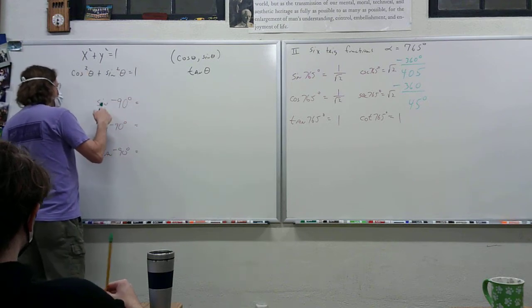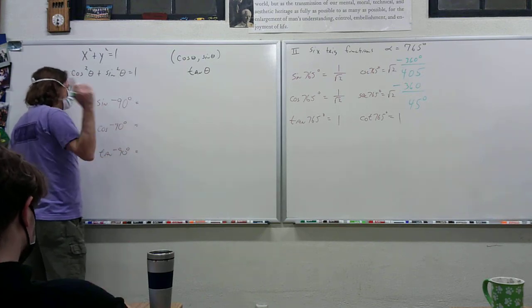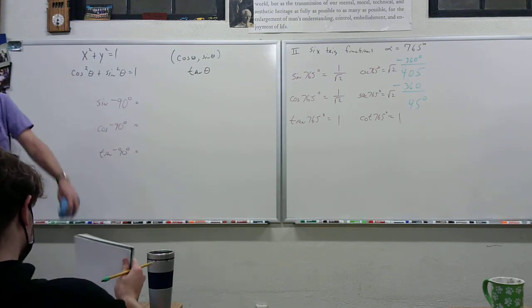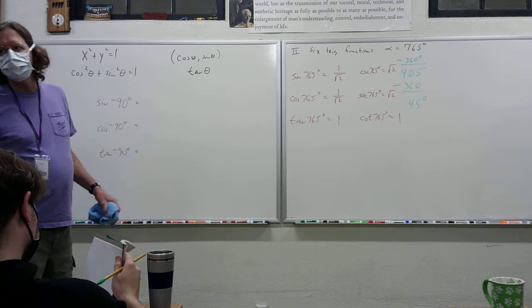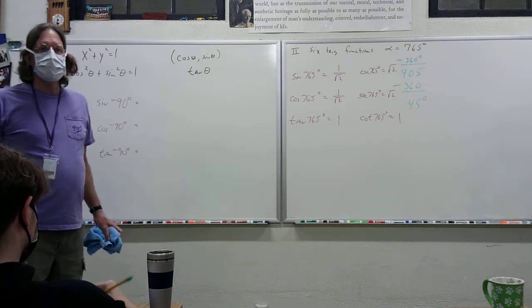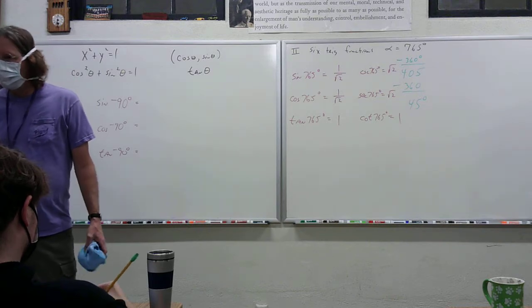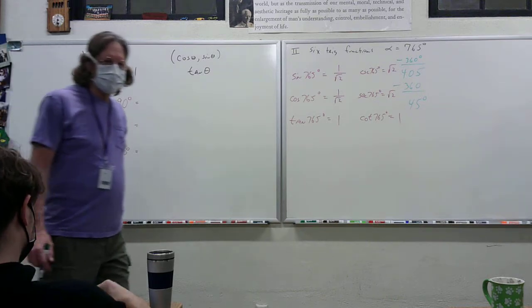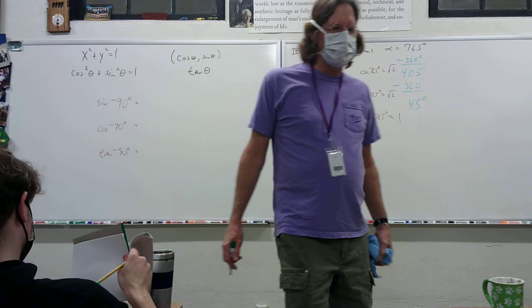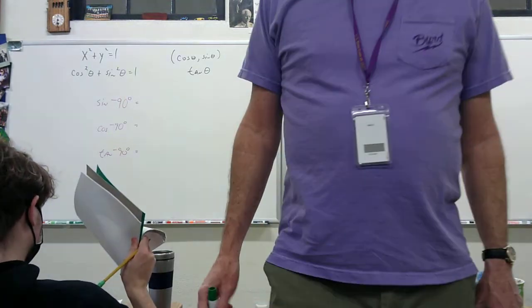Sine of negative 90, what is it? Tell me. Negative 1. Everybody agree it's negative 1. Look on your unit circle and point at your unit circle where you've got negative 1 written down for me. Point on your unit circle where we're talking.